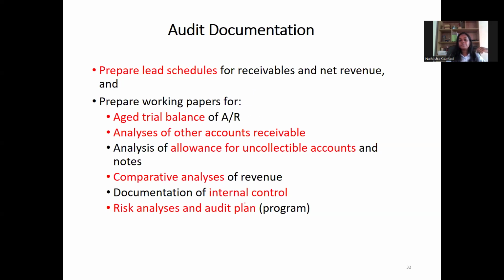Okay, so with that, we have come to the end of today's lesson. In this lesson, we discussed in detail the caption of revenue and accounts receivable, right? One caption from the statement of financial position and revenue from the income statement. So we discussed what procedures we have to follow: risk assessment, how to do it, test of controls and examples. I gave you plenty of examples, and what the substantive procedures are, how to do audit documents, what risks happen, what the importance of revenue recognition is.